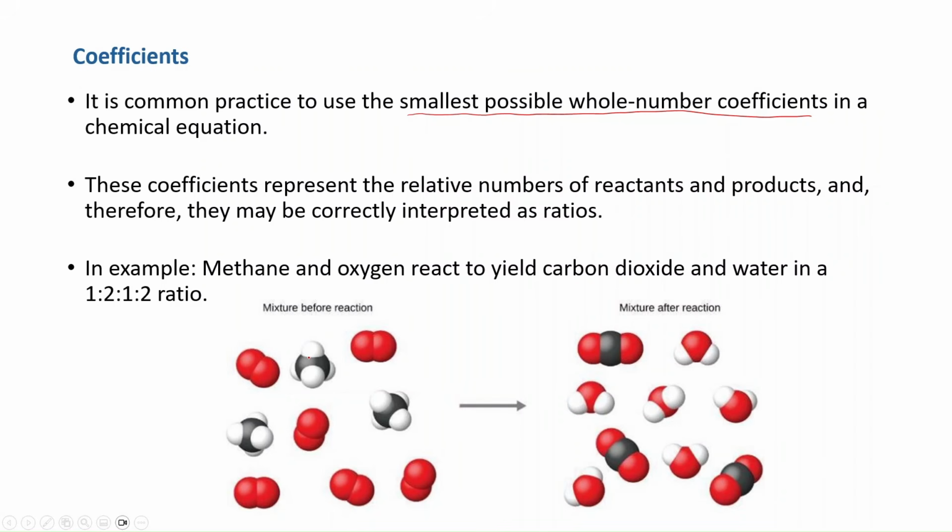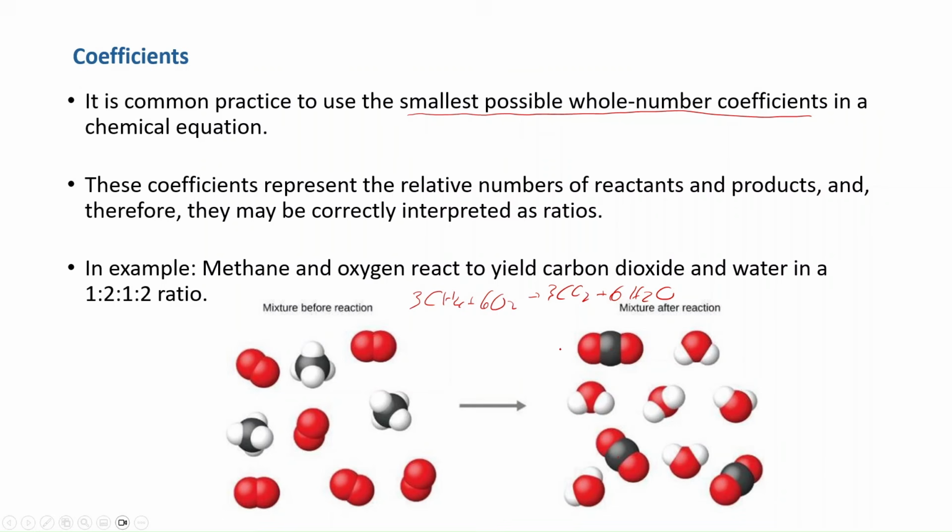So I could say in theory, if I just count them, I have 3 methanes plus 1, 2, 3, 4, 5, 6 oxygens that produce this carbon dioxide. How many? 1, 2, 3. 3 carbon dioxides. And how many waters? 1, 2, 3, 4, 5, 6. Okay, this is a chemical reaction, but the coefficients are not the smallest possible numbers.